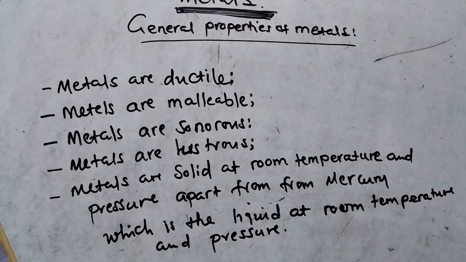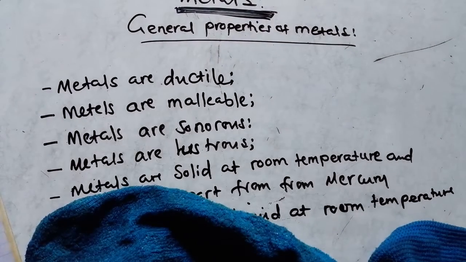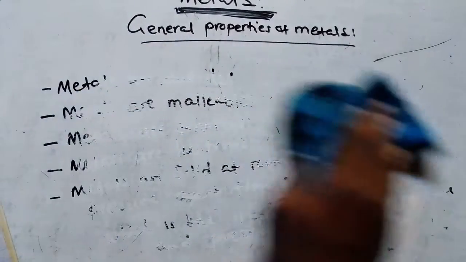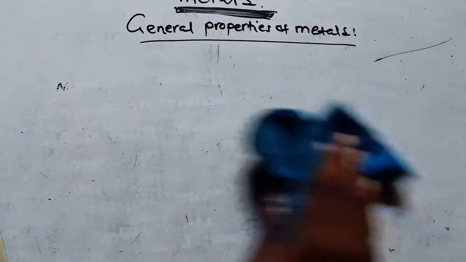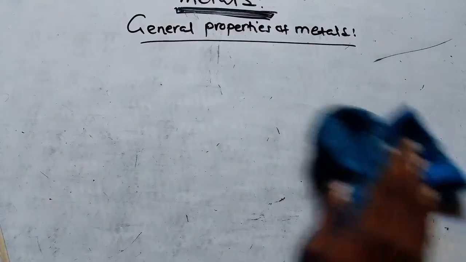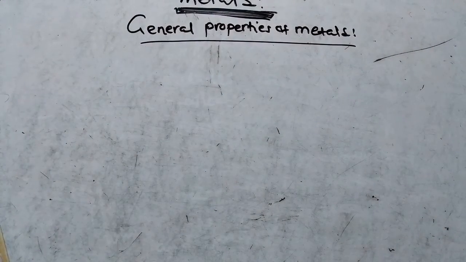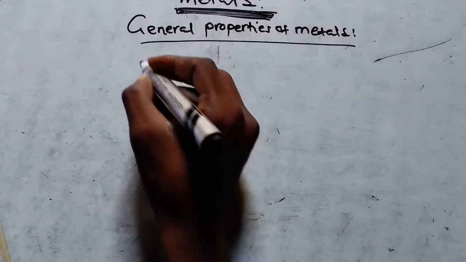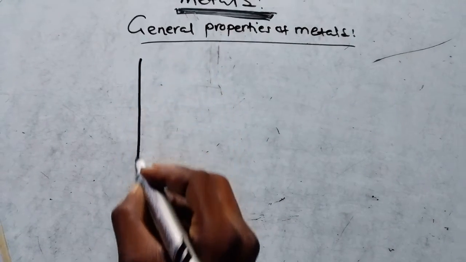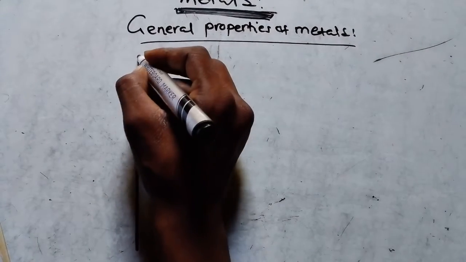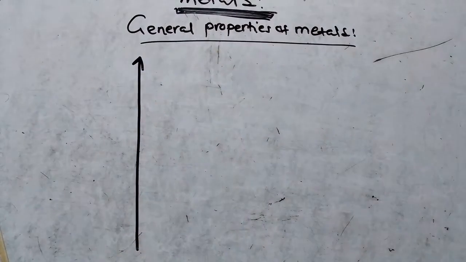So now coming to their reactivity. When we go on the periodic table, at the far left there, we find the what? The metals. Now, how is the reactivity of these metals that we find on the periodic table? Let me draw this curve just to illustrate the reactivity of these metals.